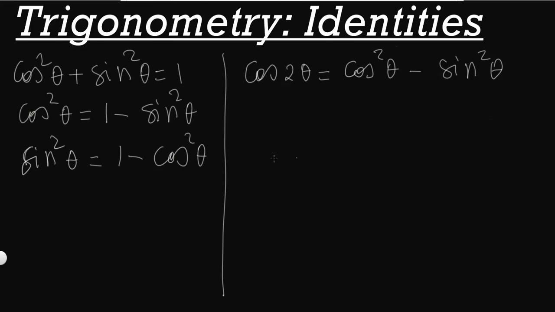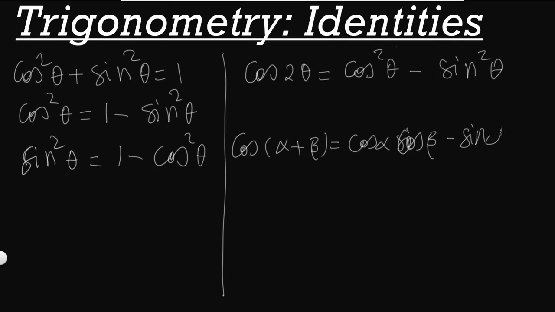Okay? So how do you get it? Remember, if you have cos of alpha plus beta, this will give you cos alpha cos beta minus sin alpha sin beta.